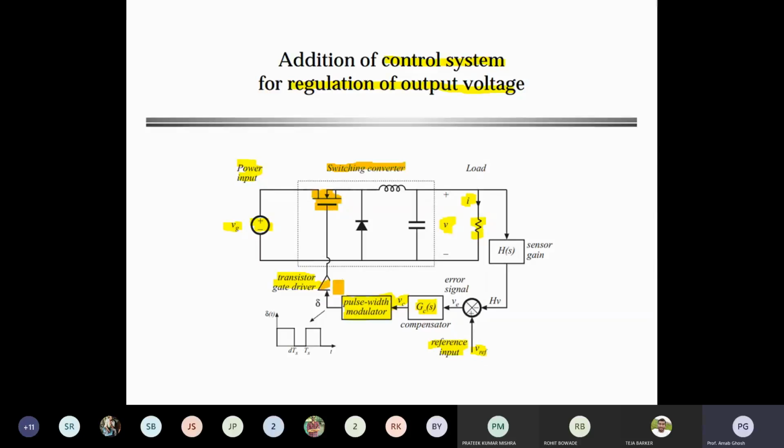And what is your sensor gain? Why is the sensor there? Because of isolation. I have already told in my previous class that isolation is required, because the power circuit range is more than 15 volts, but the control circuit is normally designed within 15 volts. So you have to scale down that load voltage.